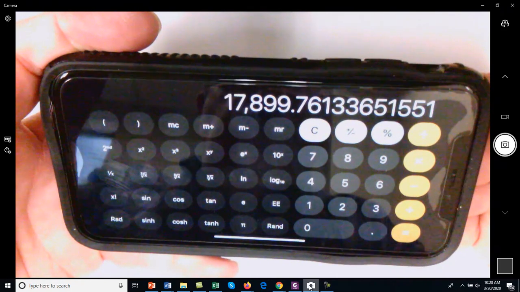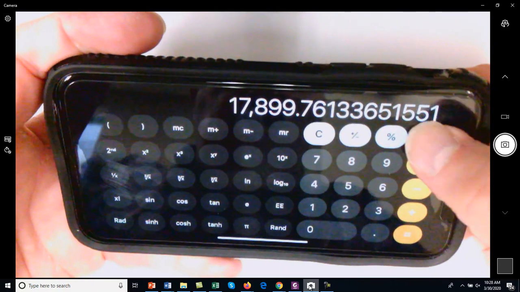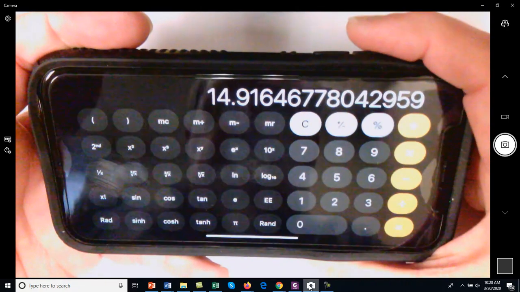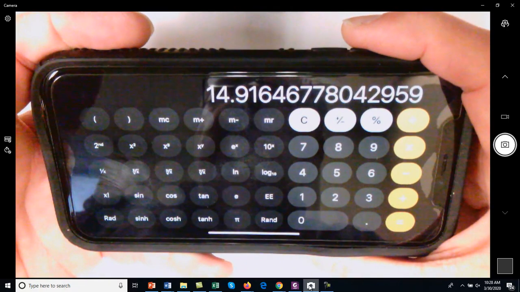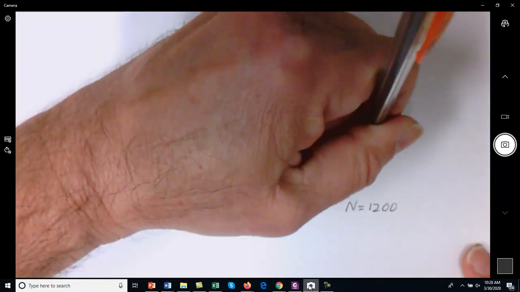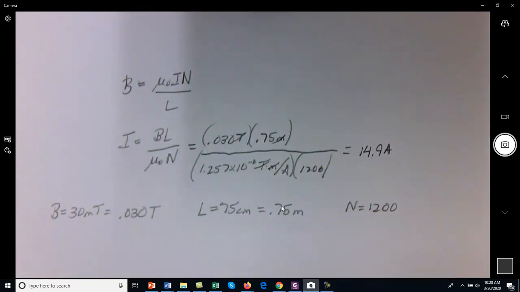Then we divide that by N, which is the number of loops in our solenoid, which is 1,200. That gives us a current of 14.9 amps. So I is 14.9 amps. That completes that particular example. We can go back to the PowerPoint.